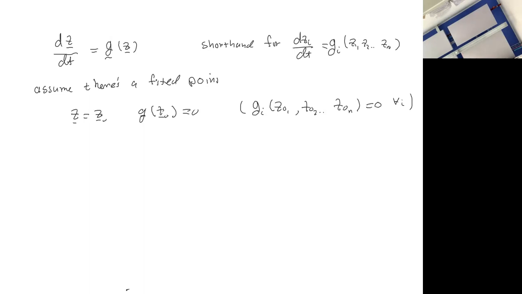And z naught is going to be an isolated fixed point. This is a fixed point, not a fixed line, so life is really easy. And the question is, what happens when we modify g?